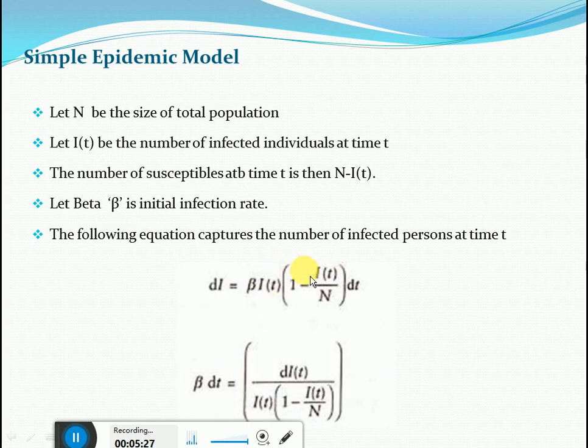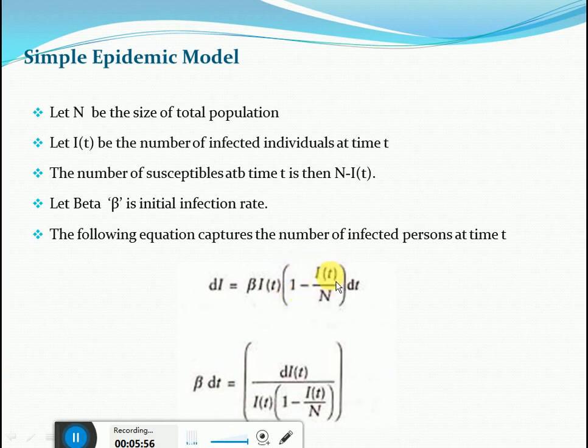Now, how many people are not actually infected, we need to find out. For that reason, we take the fraction of people on which this disease is trying to infect the already infected people. That term is indicated by this, and when I subtract this from 1, that gives me the fraction of people who are not infected and are going to get infected.